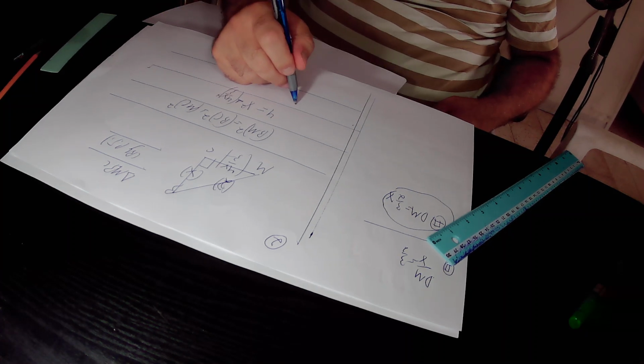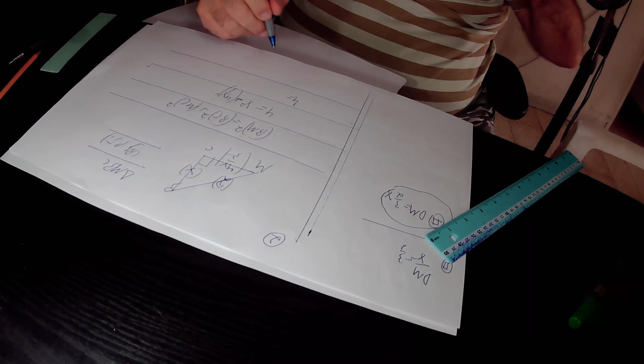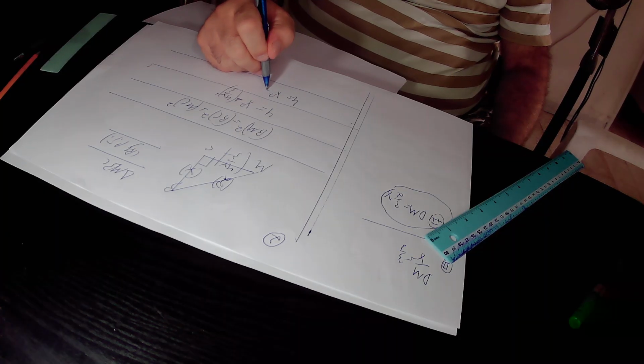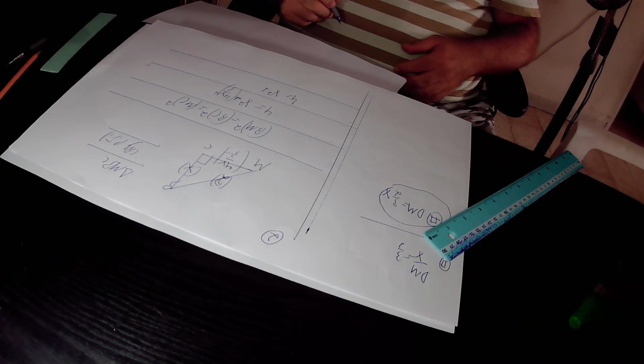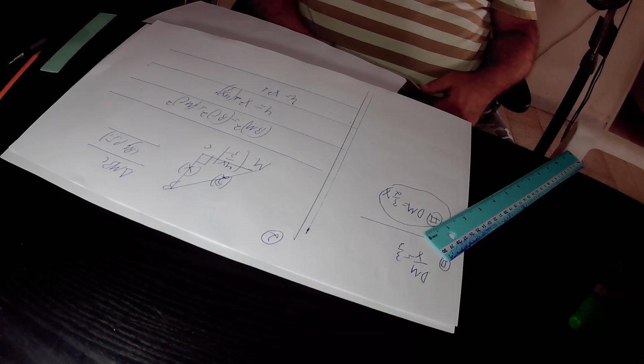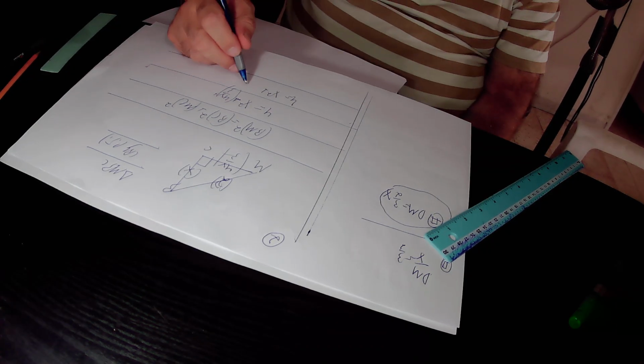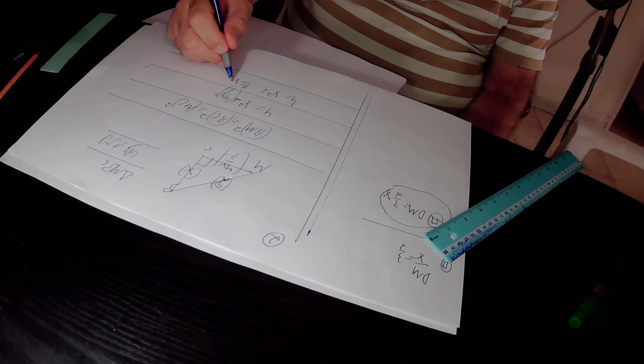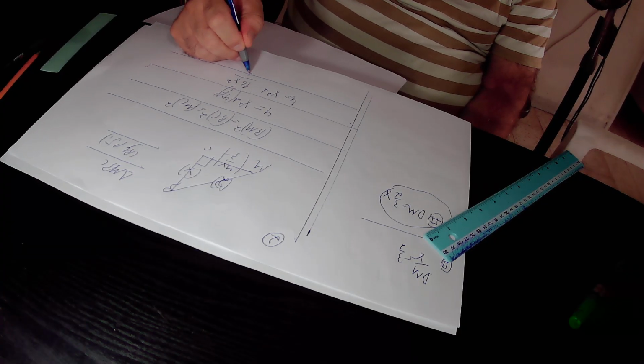So 4 equals x squared plus 4 squared, that is 16, times x squared over 3 squared, that is 9.